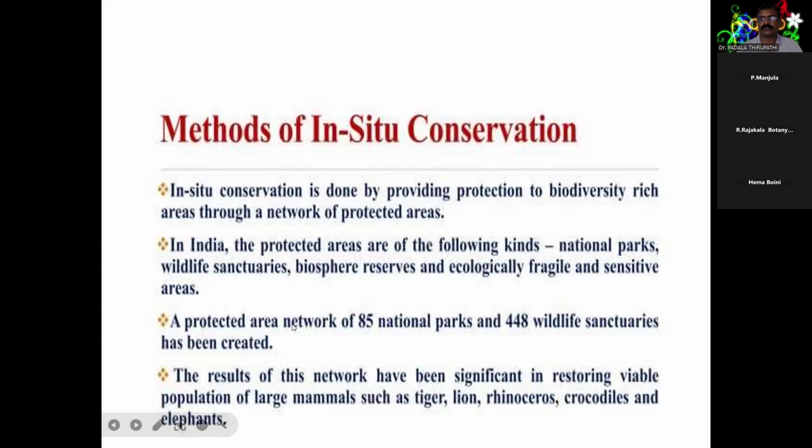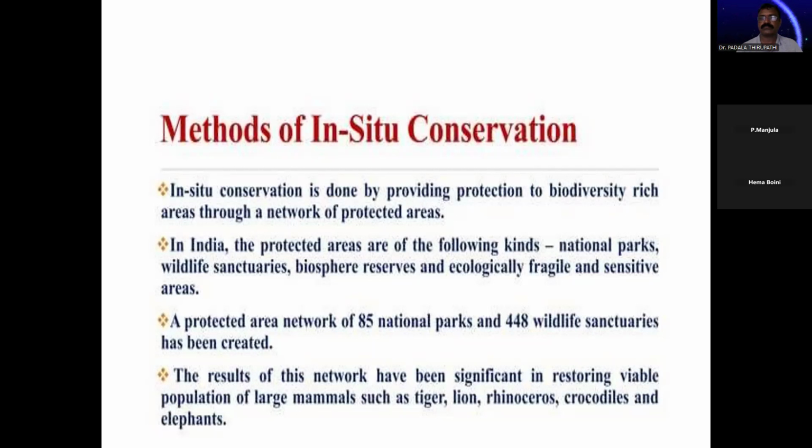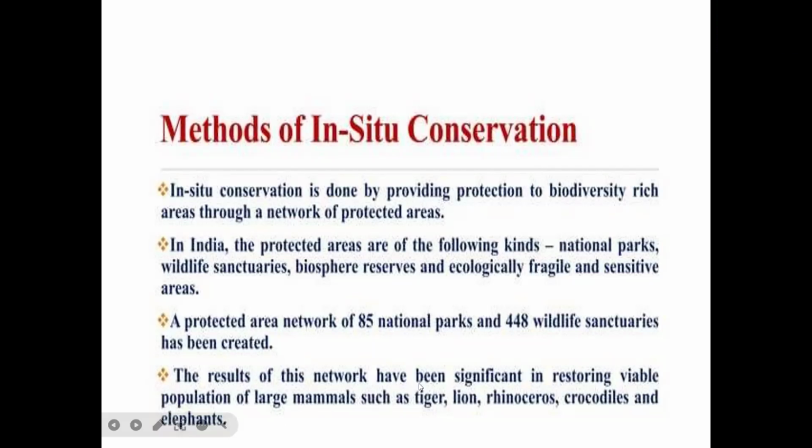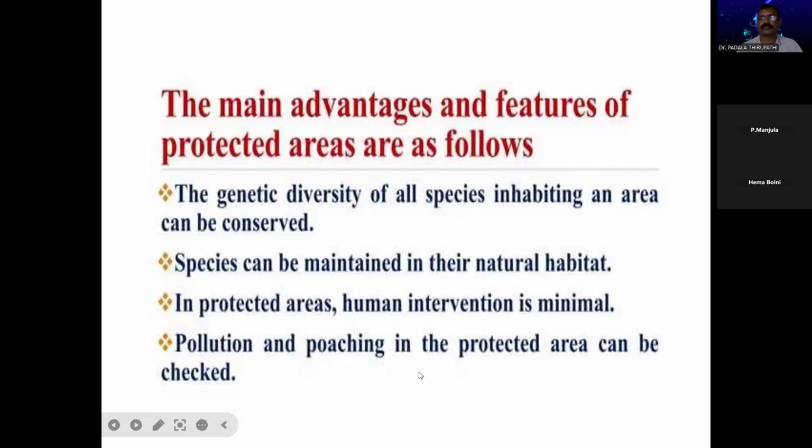A protected area network of 85 national parks and 448 wildlife sanctuaries has been created. The result of this network has been significant in restoring vibrant populations of large mammals such as the tiger, lion, rhinoceros, crocodiles, and elephants.